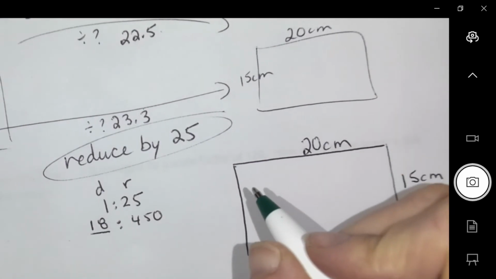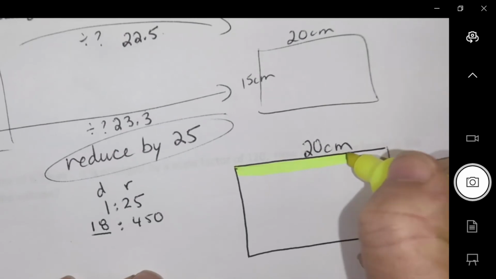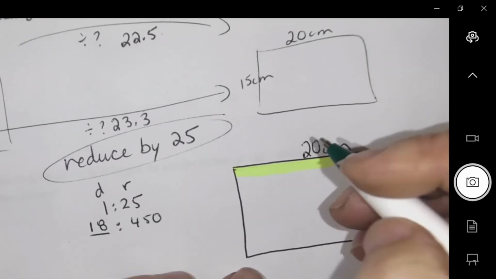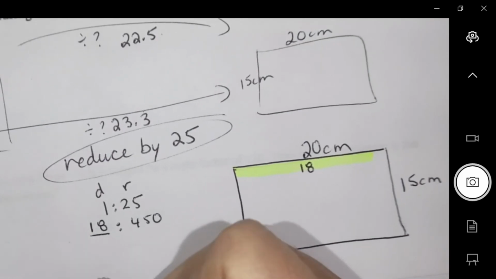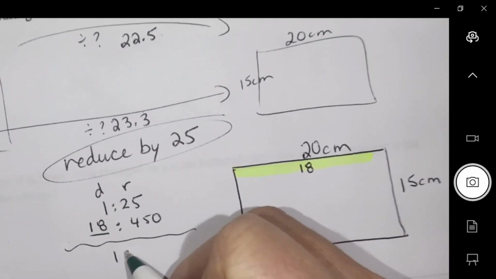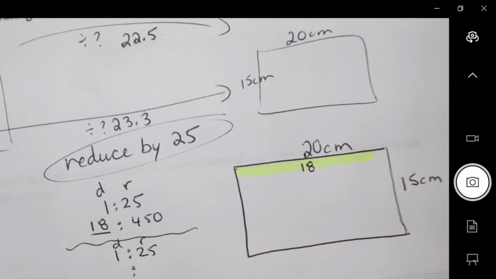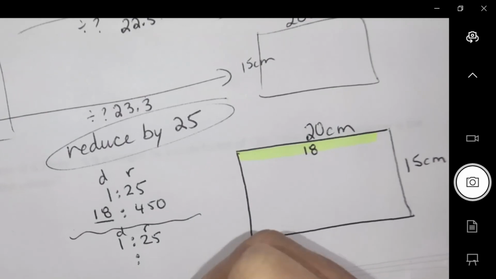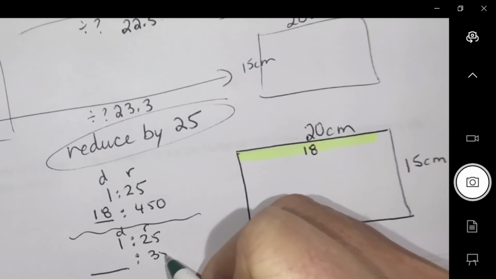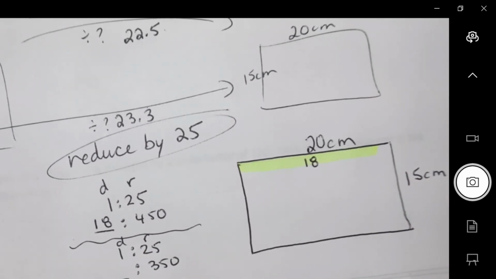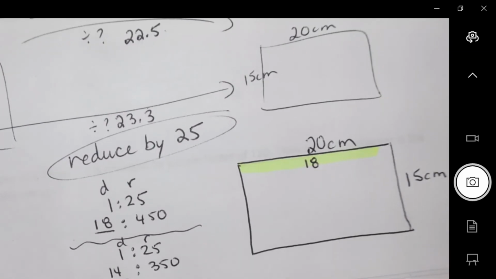So if I'm drawing this on my paper, that's nice, 18 by, 1 to 25, diagram to real. How much diagram length will represent 350 then? 14.